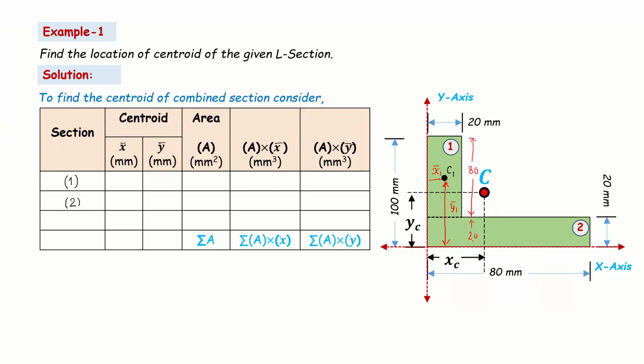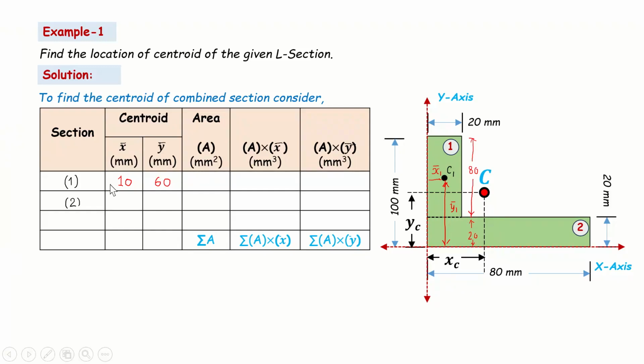So the y coordinate of C1 is 40 plus 20, that is 60. So x is 20 by 2, that is 10 mm, and y is 40 plus 20, so 60 mm.